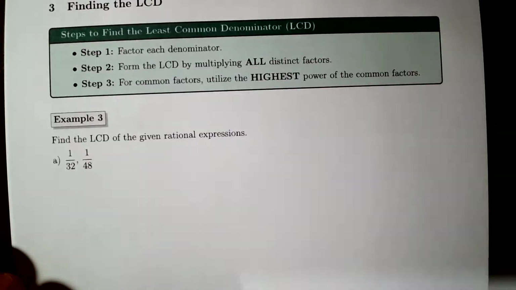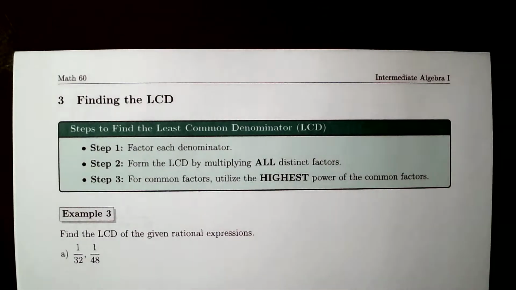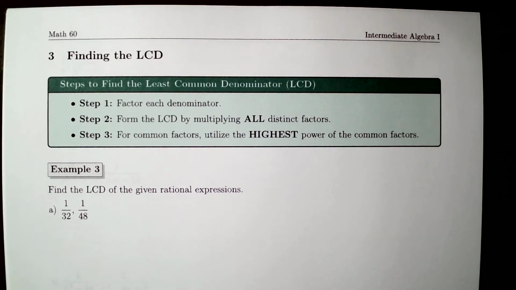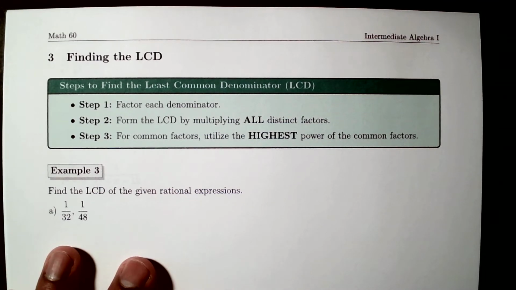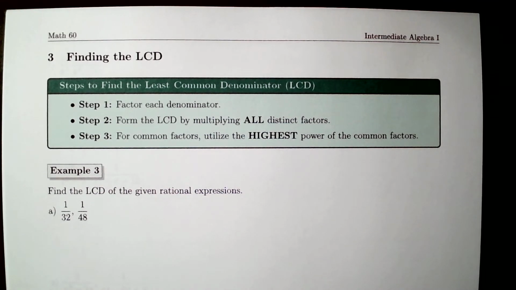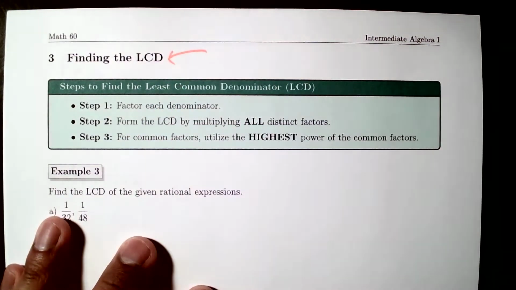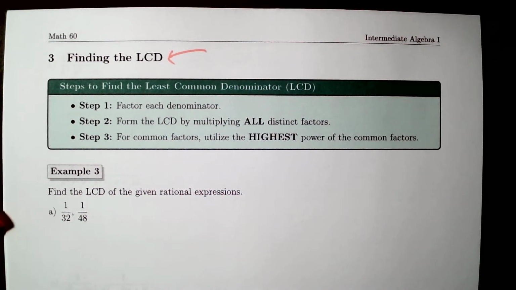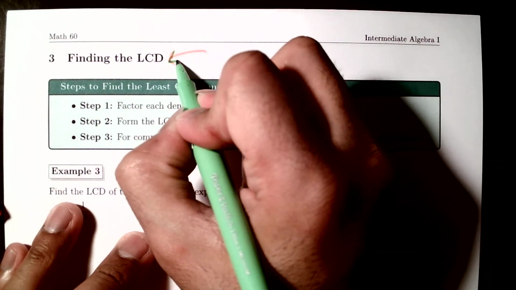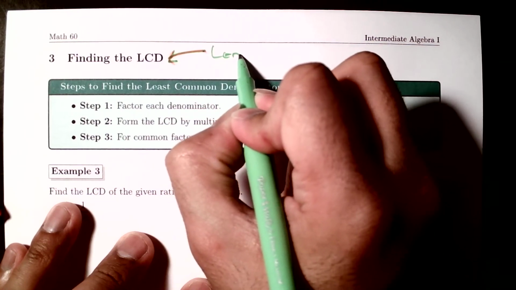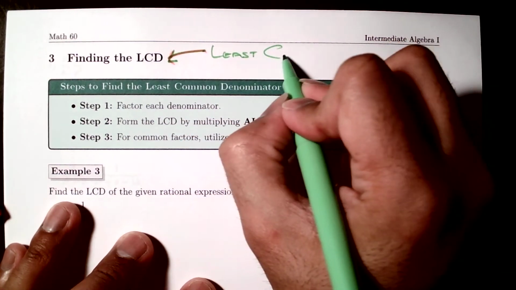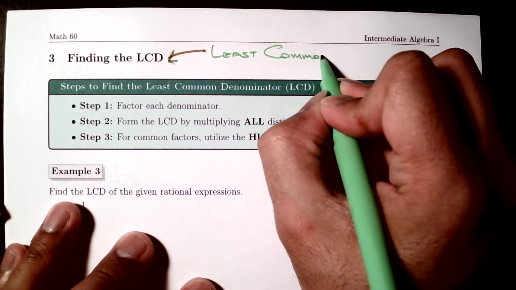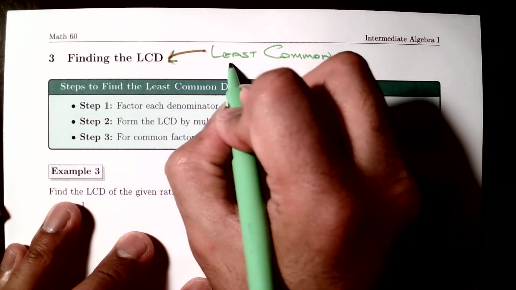So the second part of this section is finding the LCD. What is the LCD? That's the least common denominator.